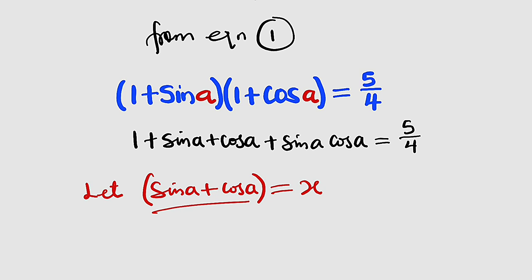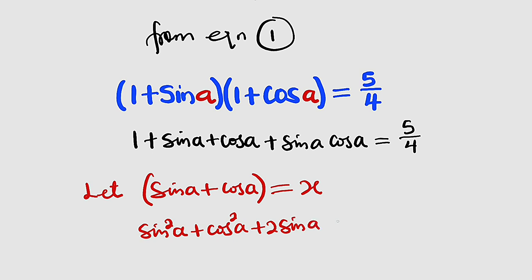If you expand this to the power of 2, you take the first term, you square that, which is going to give you sin squared A. You square the second term, you get cos squared A. Then you add 2 times the first term times the second term, that is sin A cos A. And this is equal to x squared, right?